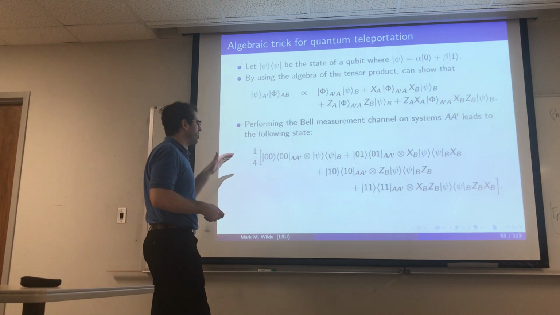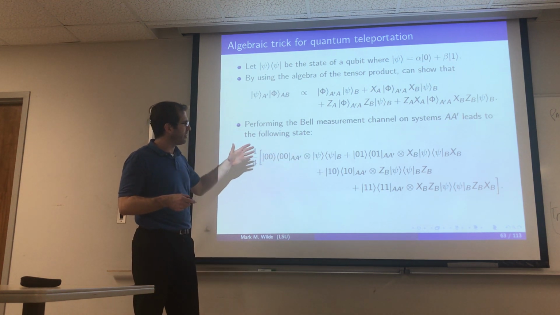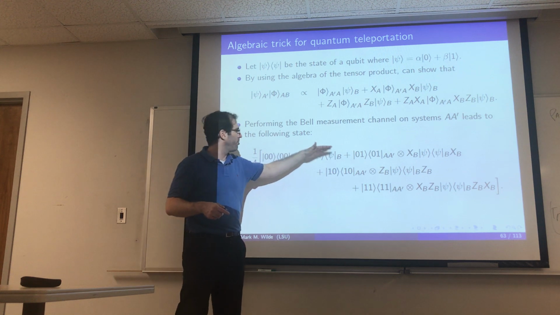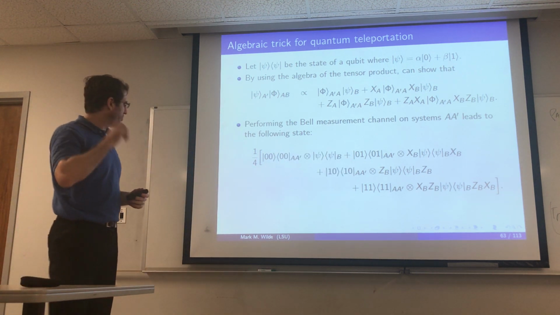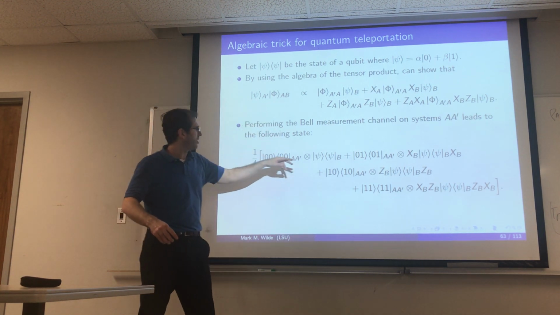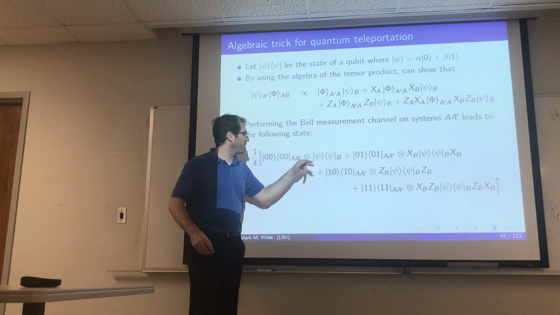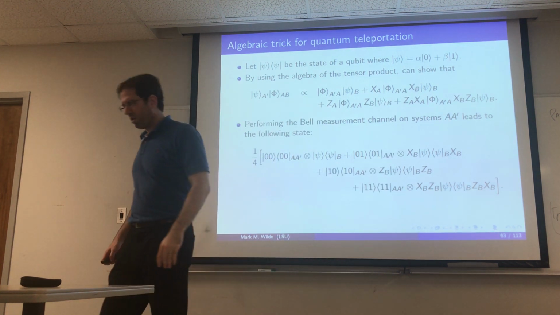So you do the Bell measurement channel that we talked about previously, and then what you realize is a density matrix that's a probabilistic mixture of 4 different terms. The 4 different terms consist of the measurement outcomes, 0, 0 for the first one, and then tensor with psi here, right? And then similarly, this probabilistic mixture.